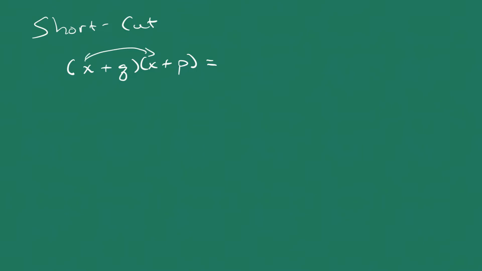So now to see what the shortcut might look like, we imagine that we already have a quadratic that's factored. So it looks like something like x plus q times x plus p. Well, if we multiply this out, distribute everything, then we have our x times x to give us x squared, x times p to give us px, q times x to give us qx, and last but not least, p times q.